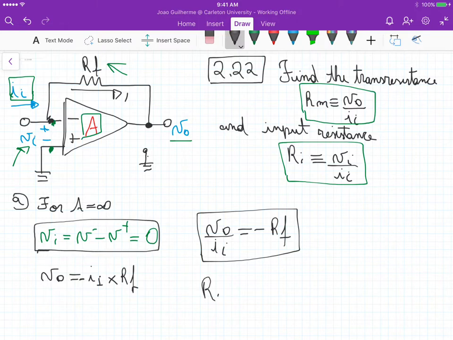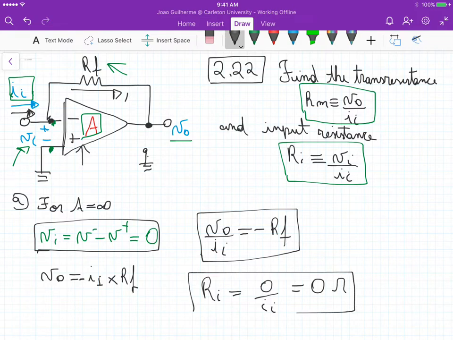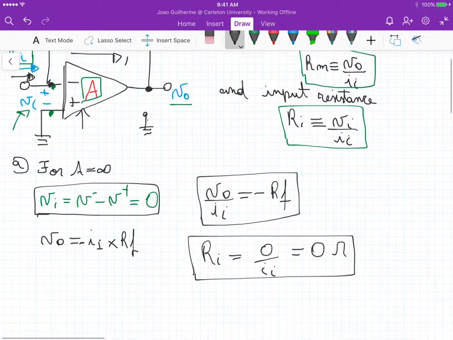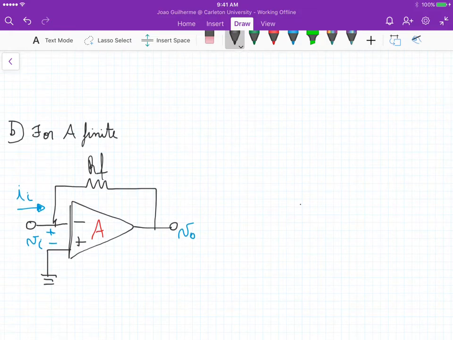So if we calculate the input resistance, we just have 0 divided by Ii, and that means that the input resistance seen from the input here, it's not the input resistance of the op amp, is actually 0 ohms. Okay, so that's for the first part. Because we are considering A infinite, we have that V out over Ii, the transresistance, is minus RF.